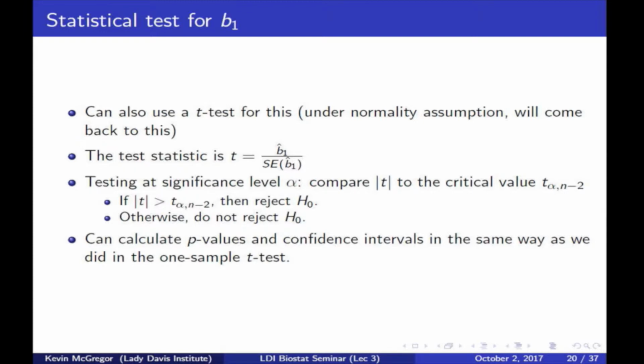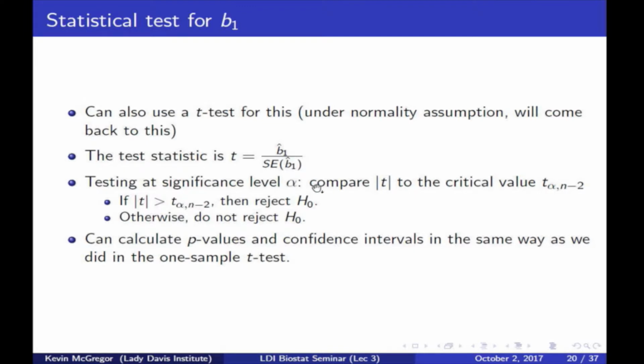So exactly the same interpretation as we had before. We're looking at the association between x and y. And if it's large relative to the standard error, then t is going to be large in absolute value, of course. And if this slope parameter is small relative to the standard error, then this t statistic is going to be very close to 0.